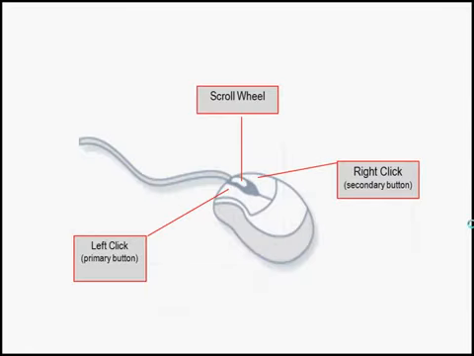The mouse is usually connected with a wire to the computer, although these days wireless mice are becoming more and more common. They work the same way, but with a wireless mouse, you just have to make sure you've got it pointed the right direction. When it is pointed the right direction, the side facing the computer, away from you, is going to have 2 buttons, one on the left side, one on the right side.